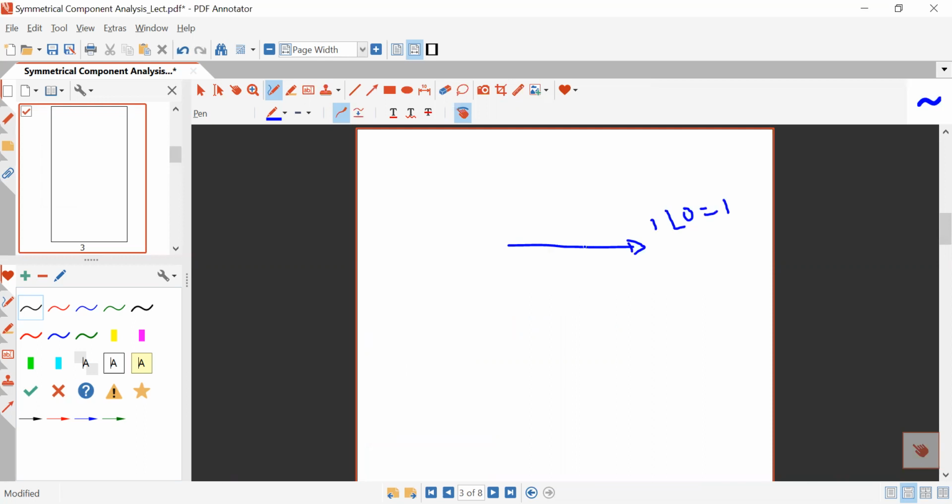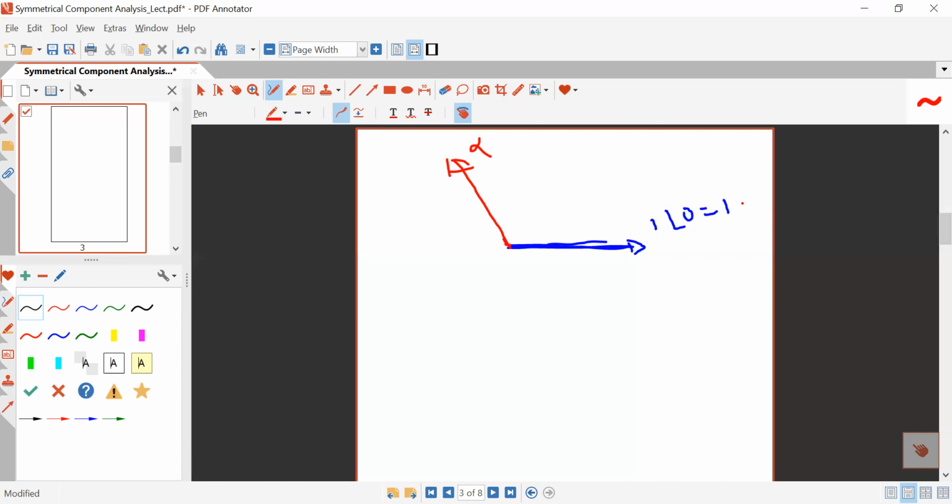What will happen when you multiply alpha to this vector? As you multiply alpha to this vector, what will happen? This vector will be rotated by an angle of 120 degrees.